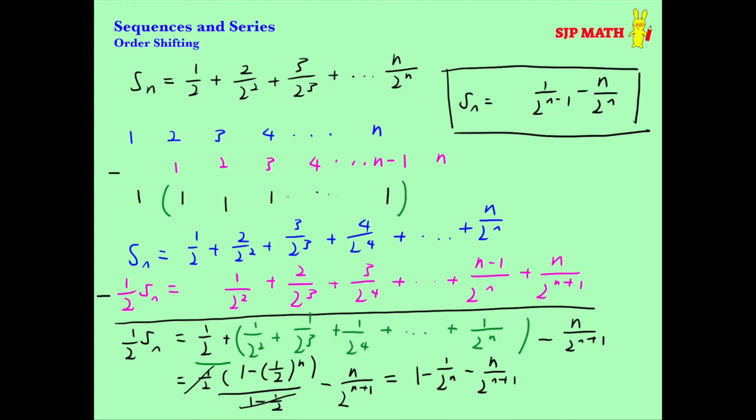You can try to make up some problems like this, with an arithmetic sequence on the top and a geometric sequence on the bottom, or maybe the other way around, and then use the same techniques to calculate the value of Sn.